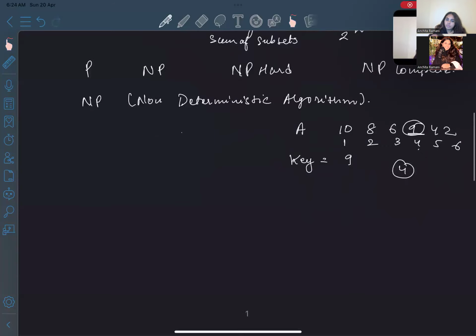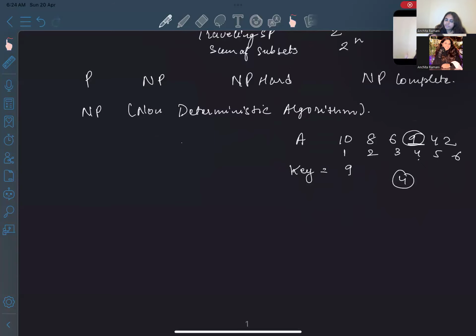Just as an example, we can take a kind of pseudocode. Let's say you have some search of an array of size n and the key is given. So here we are writing a non-deterministic algorithm, okay?